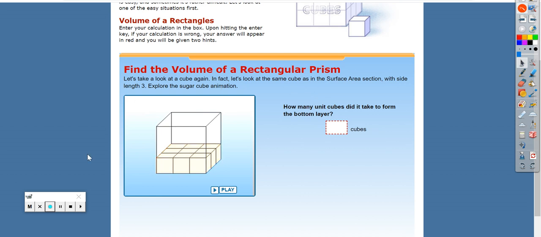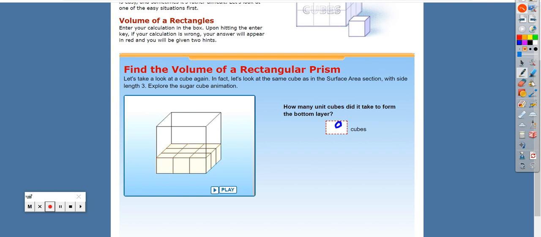If you look at this rectangular prism here, and I push play, you can see that we are trying to fill the inside of this rectangular prism with cubes, cubic units. The bottom layer is a 3 by 3, so that tells us that we have 9 cubes that fill the bottom layer.